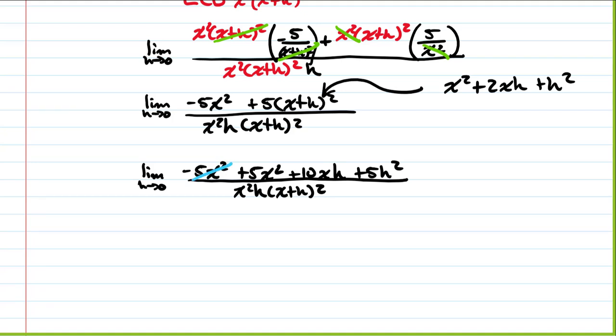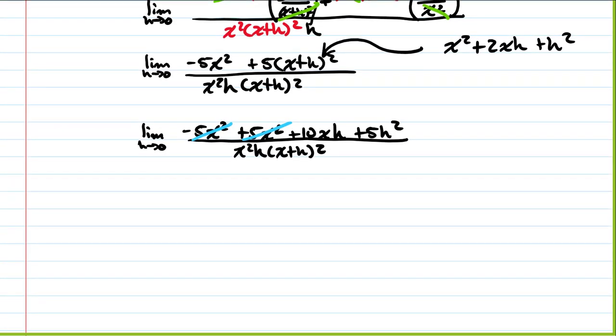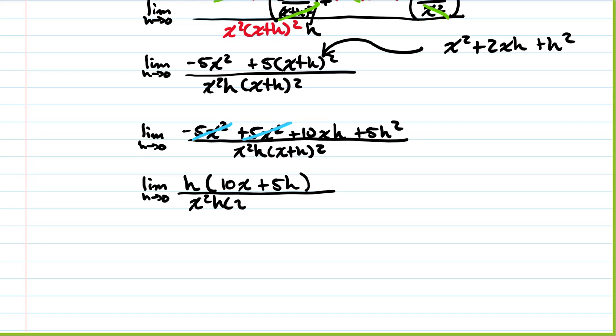So then our negative 5x squared and our positive 5x squared add up to 0. And we have a common factor of h in the numerator, so we factor it out, and we're left with 10x plus 5h all over x squared h times x plus h squared. So then our h's finally reduce out, and we can use the evaluation theorem.